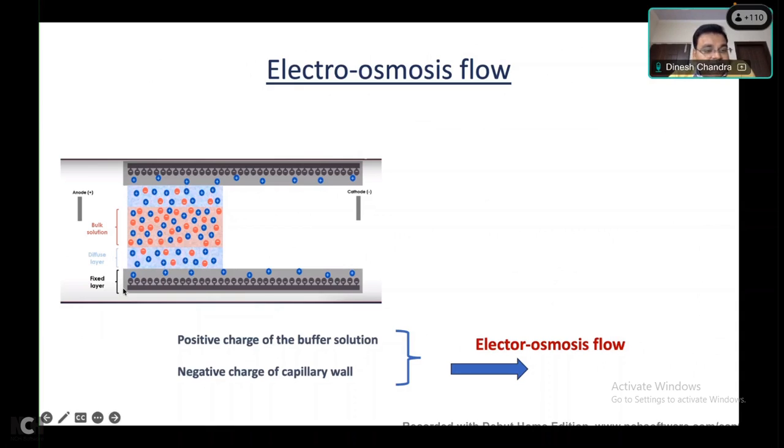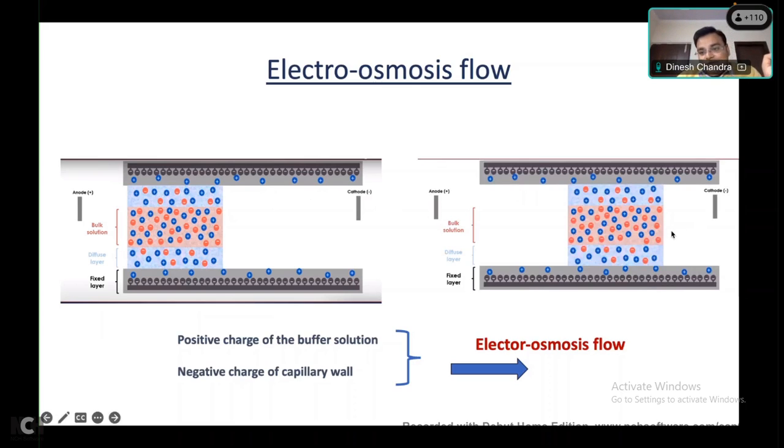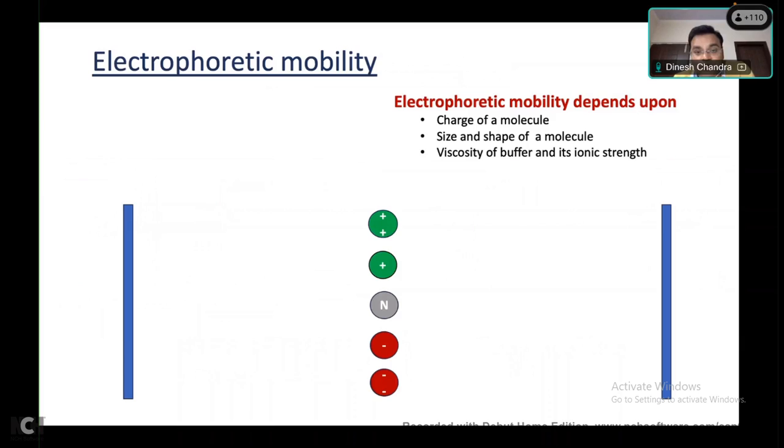Both layers are called the electric diffuse layers, and in the center is the bulk solution that contains cations and anions at the same concentration. When we apply the electric field, with anode and cathode on the two sides, this layer is positively charged, so the ions move towards the cathode, because the maximum part of it is made of cations. That is electroosmotic flow.